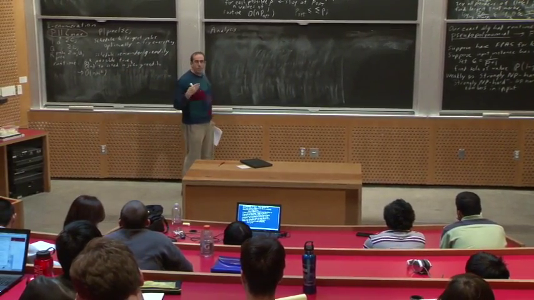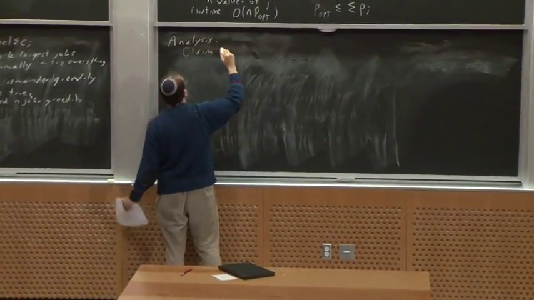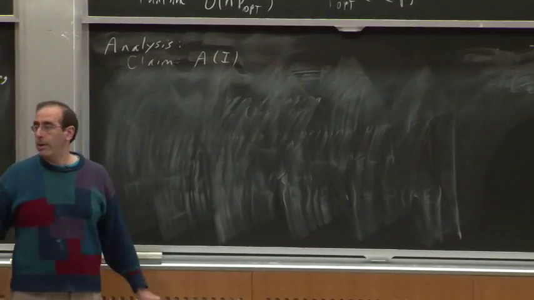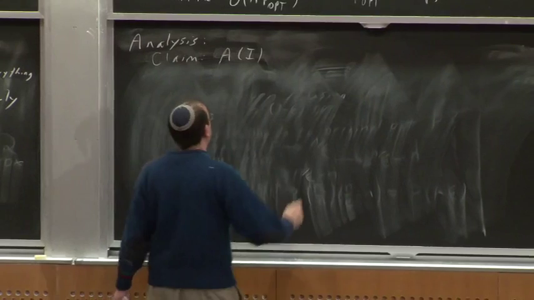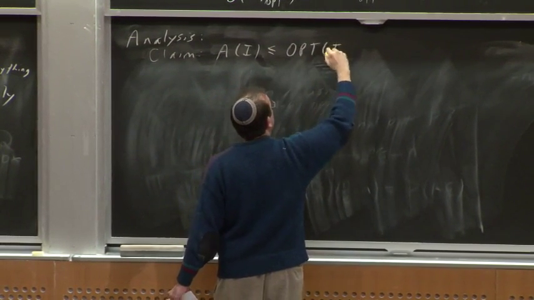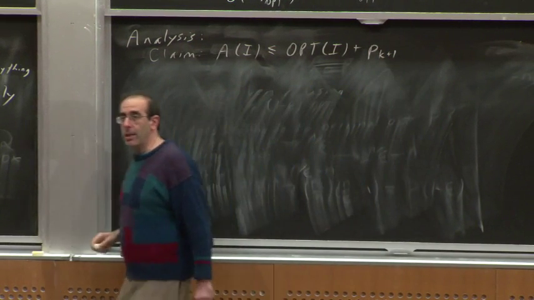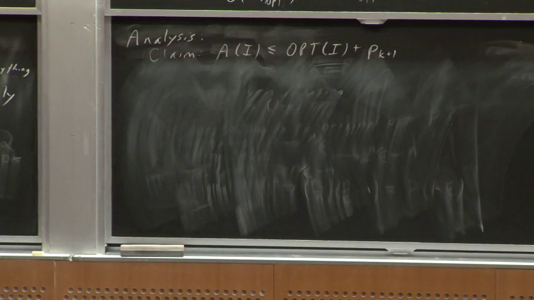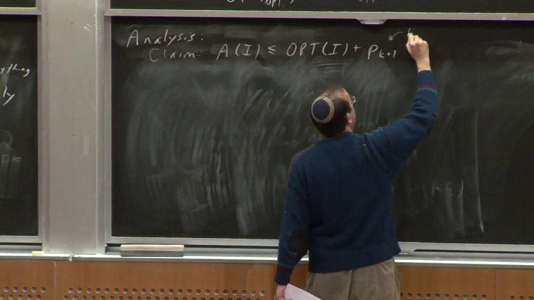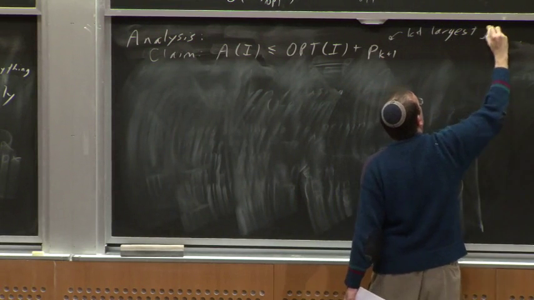So if you look back at what we proved last time, I claim that in fact what we proved is that my greedy algorithm, that is putting all of the other jobs onto the few that I scheduled optimally, takes at most the optimum value plus the k plus first job processing time. So this is the k plus 1 largest job.